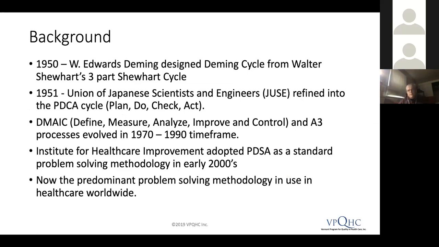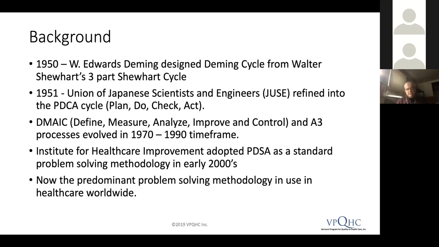So Brianna, I'm not sure of your background with this, but just as a really quick overview, we're talking about something that is almost 70 years old at this point, the PDSA cycle. W. Edwards Deming designed what we called the Deming cycle, originally from Walter Shewhart, his mentor's Shewhart cycle back in the 1930s and 40s.